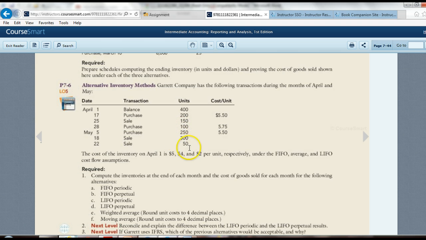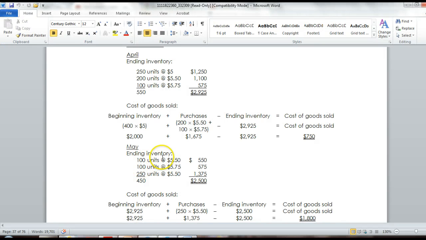If we sold 350, we had 200 units left over, which would be 100 units at $5.75, and we would have 100 of these units left over at $5.50. So you see 100 units at $5.50, 100 units at $5.75 gives us our 450 units at $2,500.